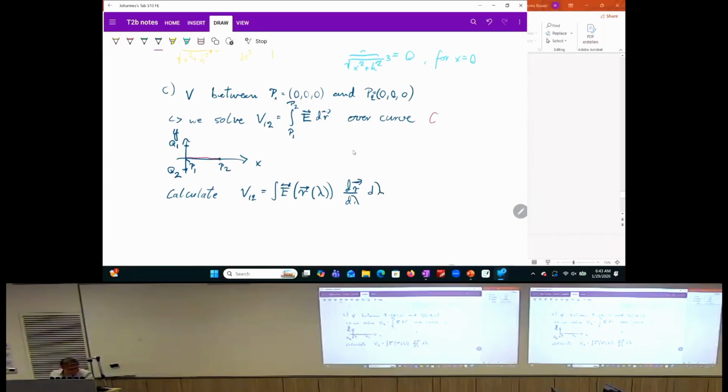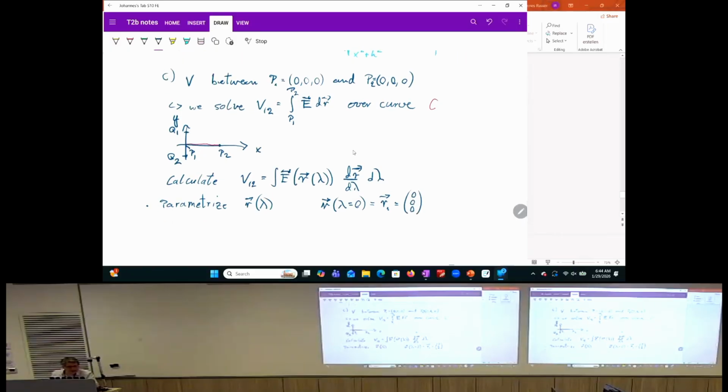The parameterization now is we make r a function of lambda, a small lambda. That means vector r at lambda 0 shall be our r1, the origin of the coordinate system, 0, 0, 0. And on the other hand, r for lambda equal to x is r2, x, 0, 0.